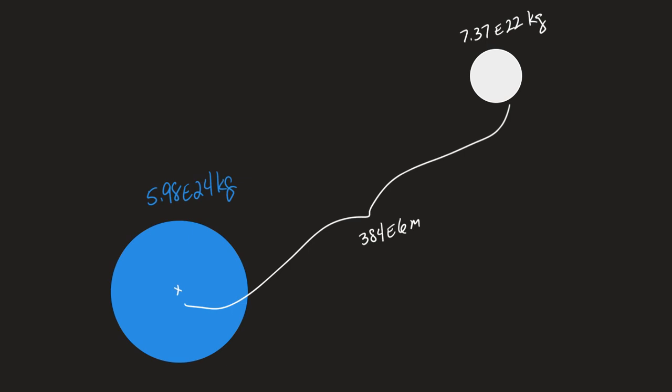Now my summation is going to have two things in it. I'm going to have the mass and the distance to the center of the Earth, and the mass and the distance to the center of the Moon. I have to divide by the total mass, which in this case will be the mass of the Earth plus the mass of the Moon.